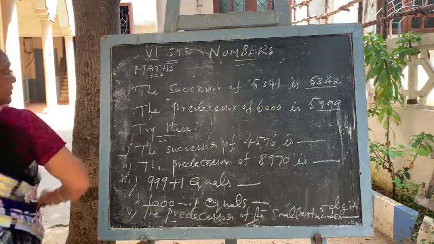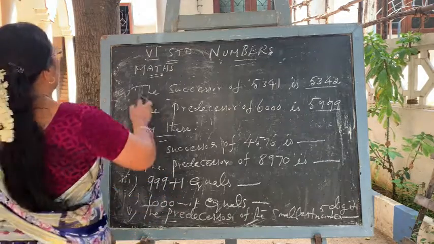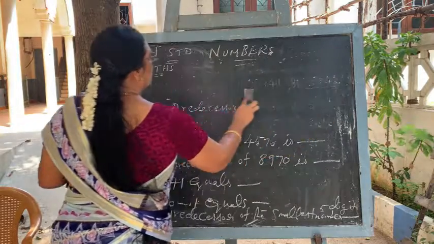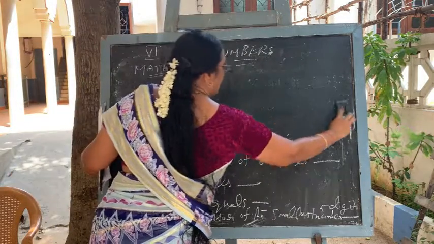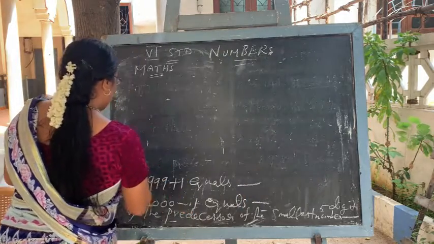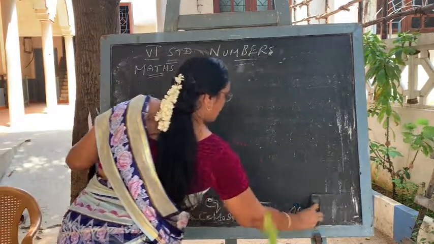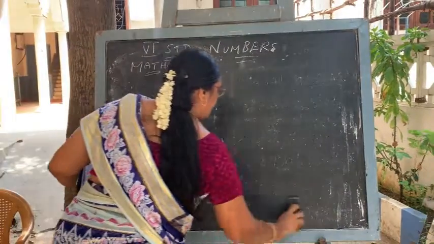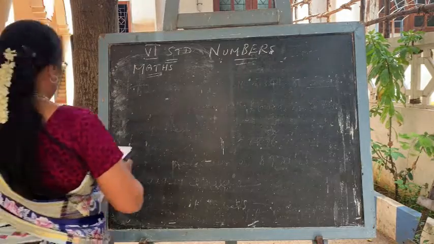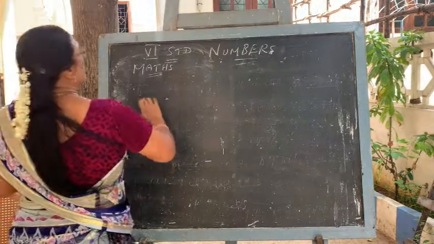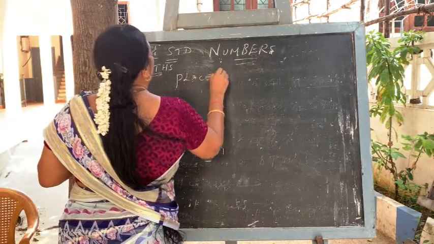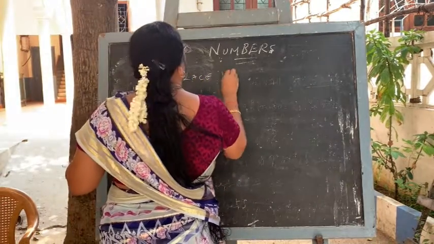Okay. Next we pass on to the place value. How to find the place value for the given number? Here is the place value chart. You have to remember this place value chart.